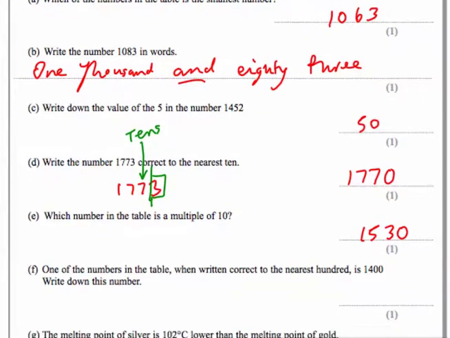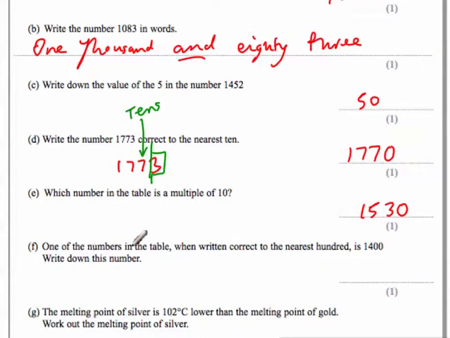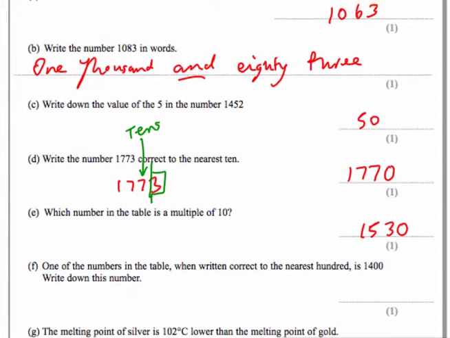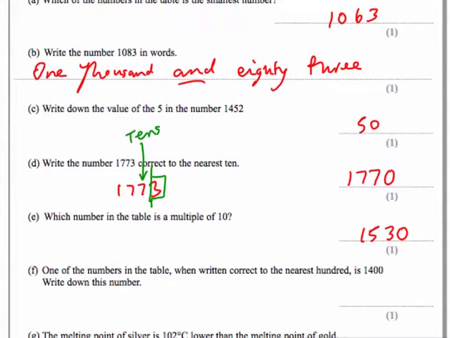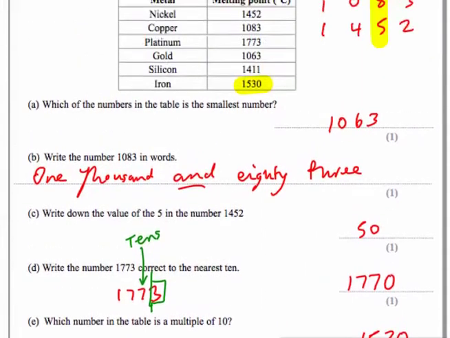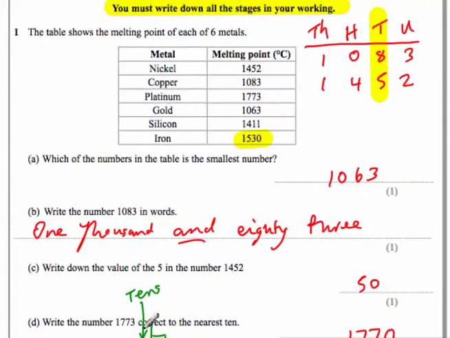Next one. One of the numbers in the table, when written correct to the nearest hundred, is 1400. Write down this number. Now then, let's have a think about this. Let's have a look at the table. So we're looking for numbers that are near to 1400.